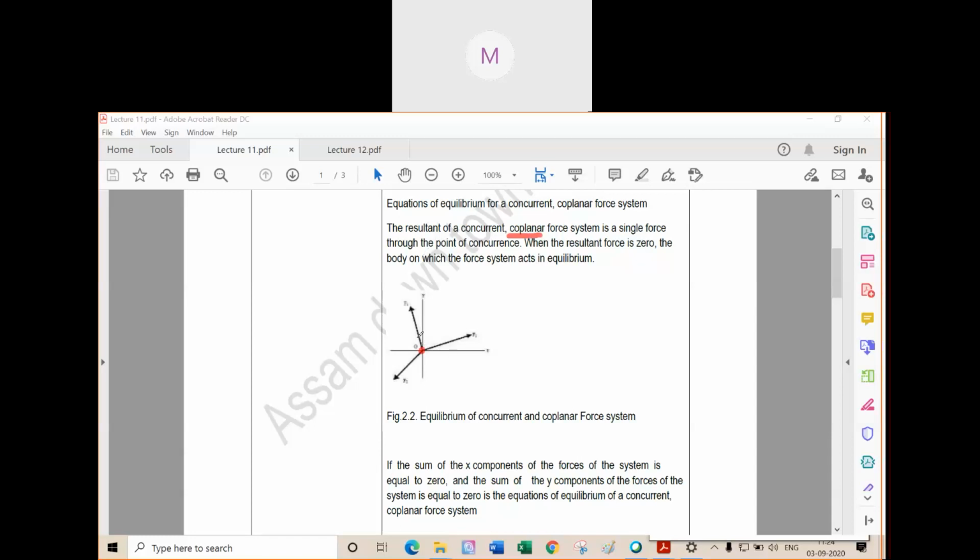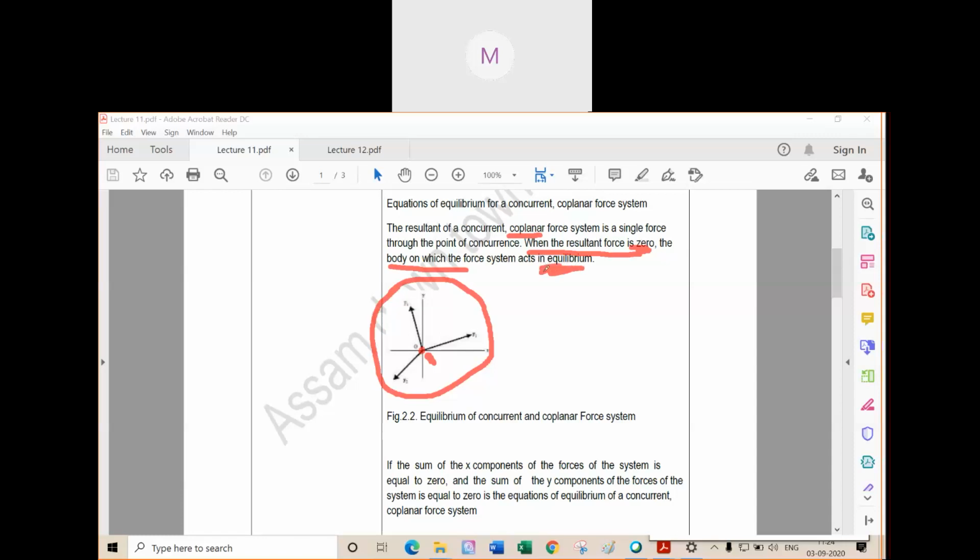This is the point of concurrence, the central point O here. When the resultant force is zero, the whole system is in equilibrium.